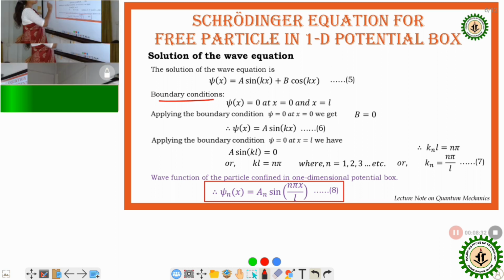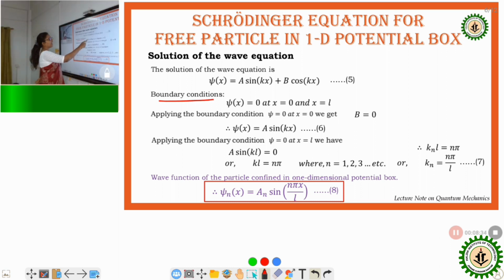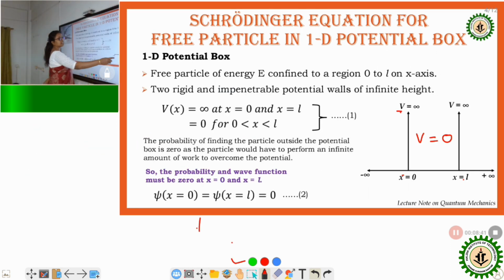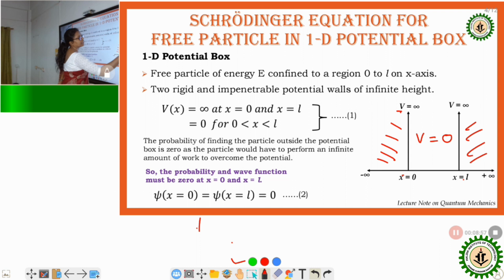We are taking the boundary condition psi of x equals 0, because just look at this. Here x is equal to 0, so psi of x is 0, because outside the potential well there will be no wave function, here and on this side also.